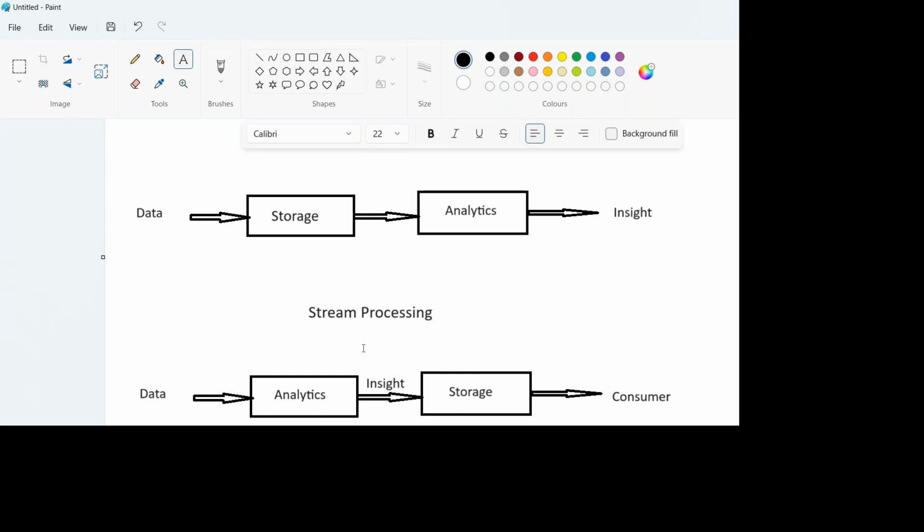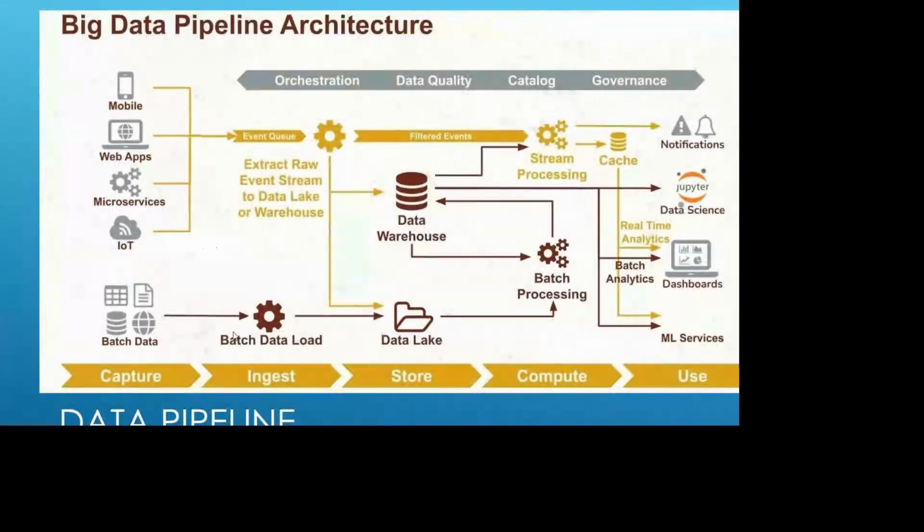Coming to the data lake, the data can be processed in a batch mode or a stream mode. Here, this is the stream processing. This is the batch processing. In batch processing, the data is loaded into this data lake.